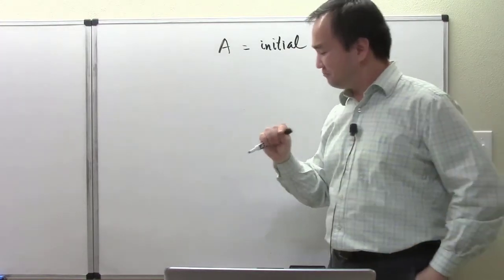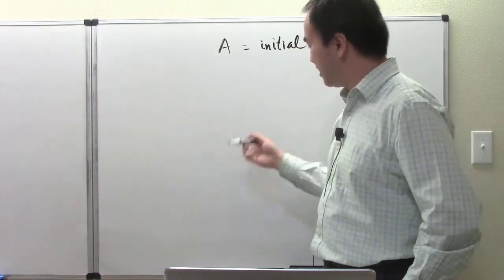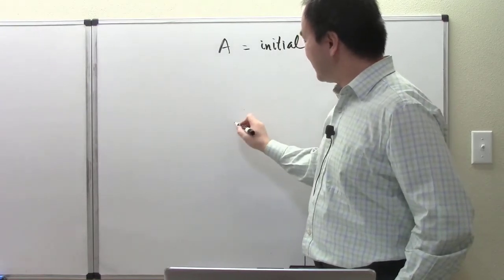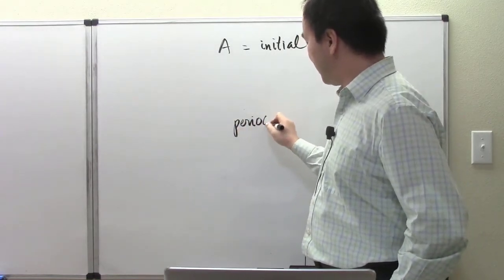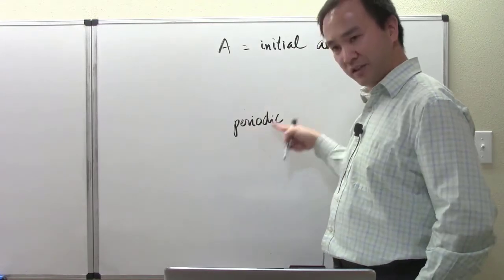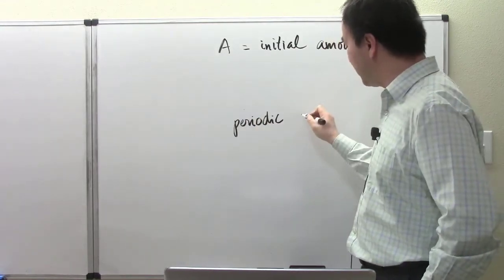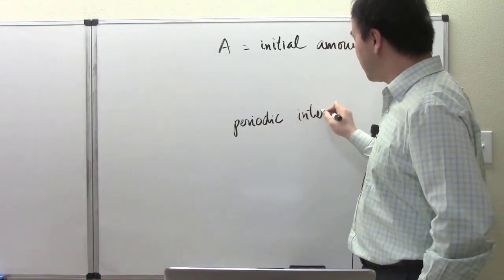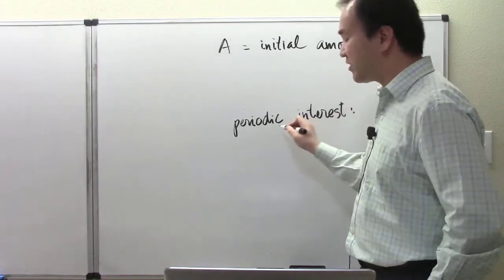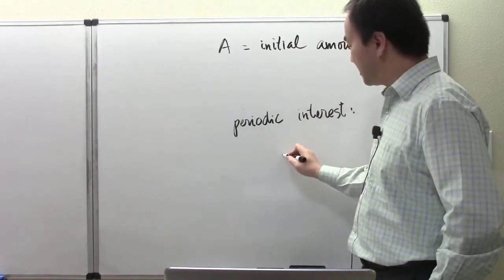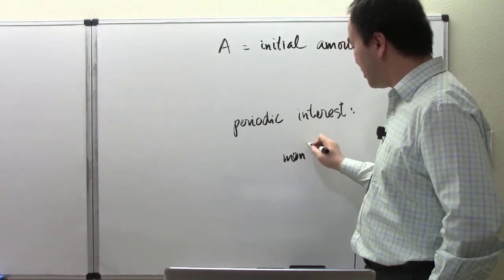But now, for the concept of interest, there is periodic interest, which is more common to a lot of people. Periodic interest means we get interest paid. It could be monthly, which is the most common.